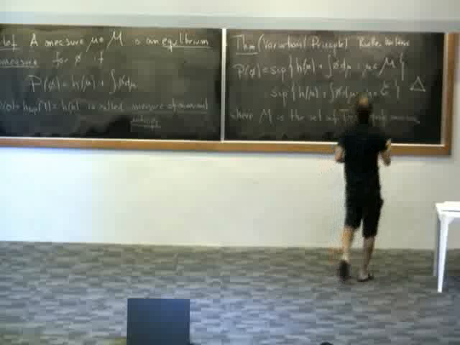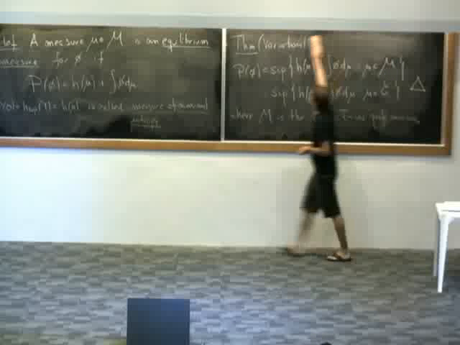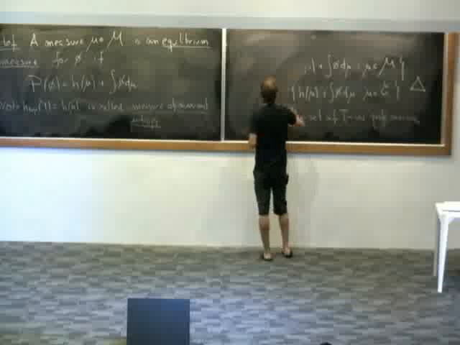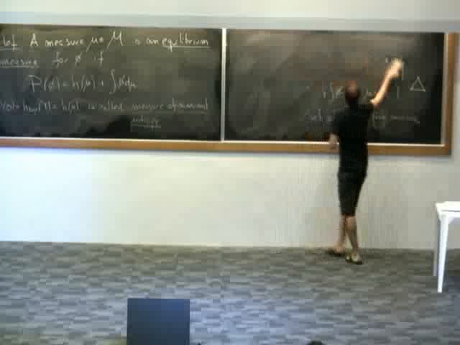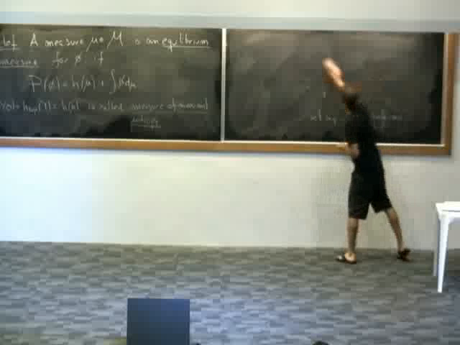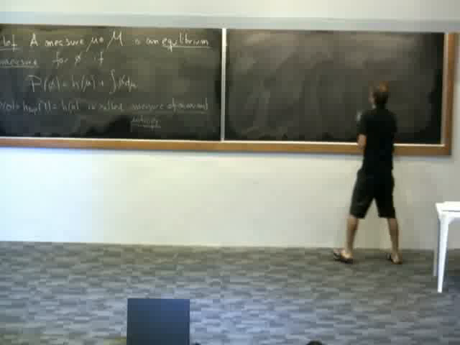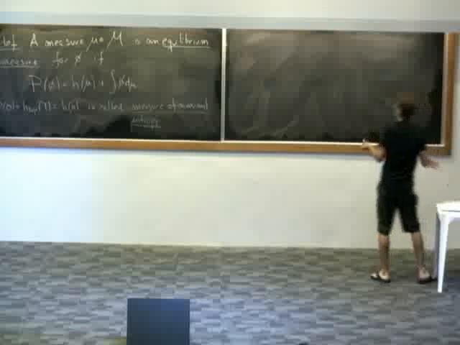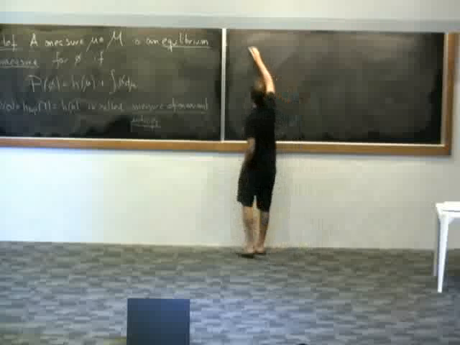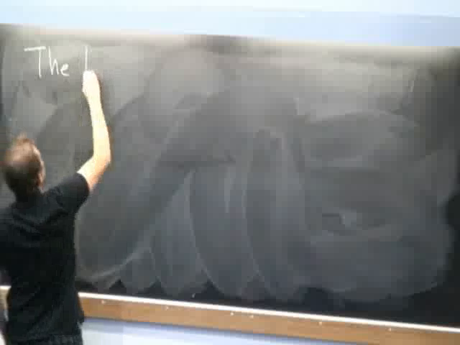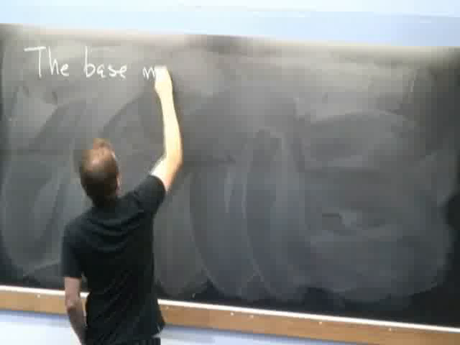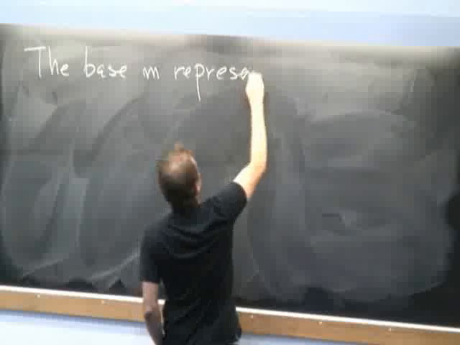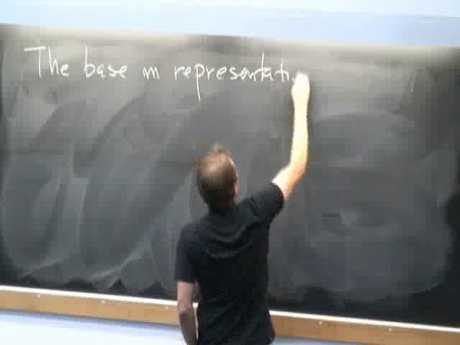It was a system that Crelli already introduced in his previous lecture. And it's the following. I want to consider the base M representation of a number.